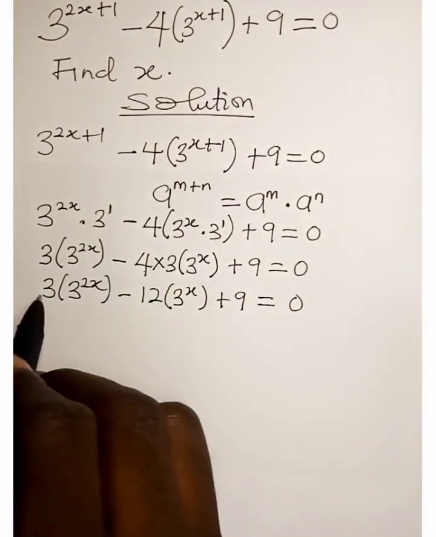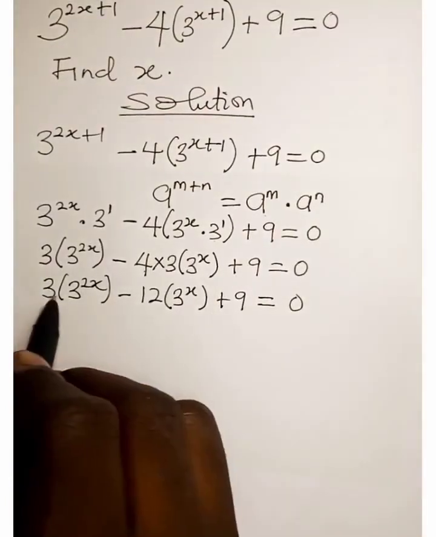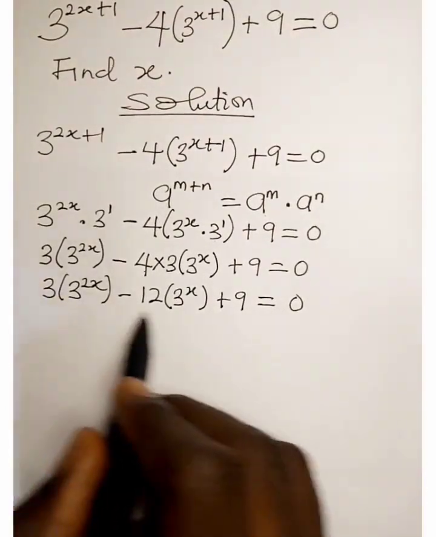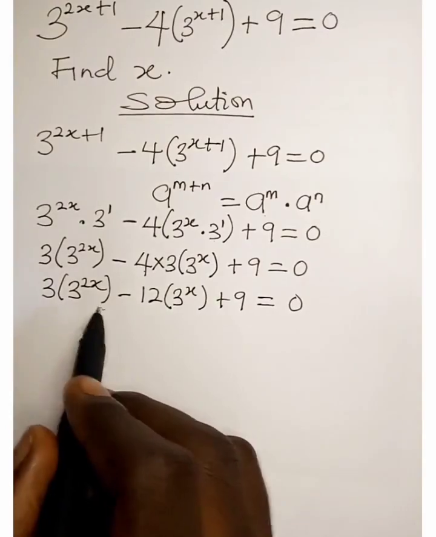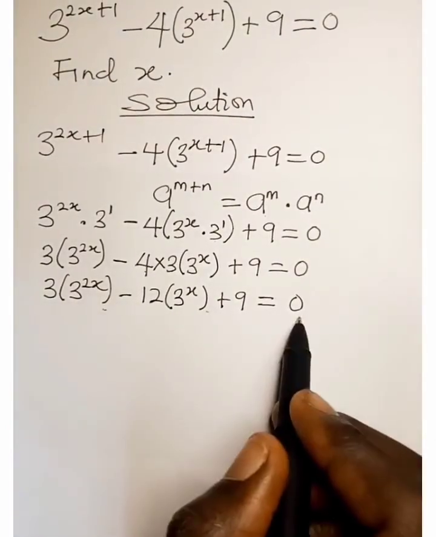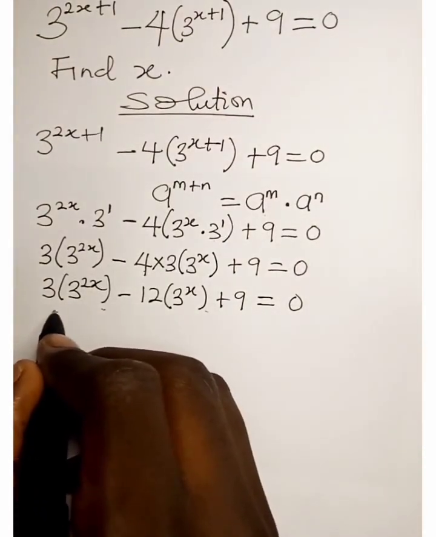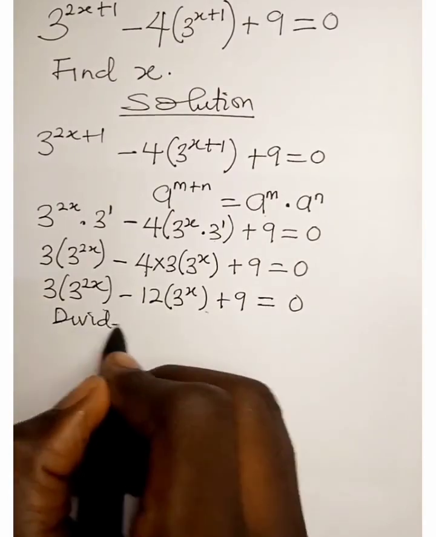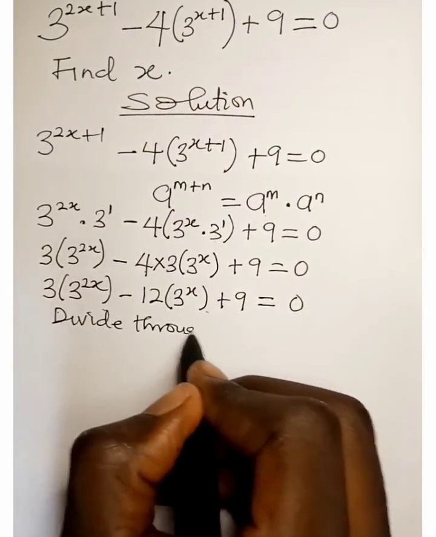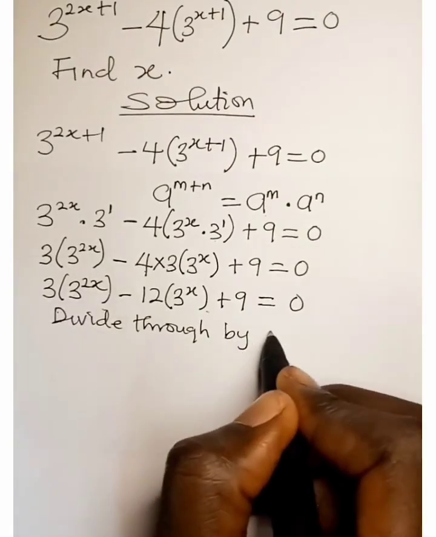Now if you look at this equation, we observe that something is common. 3 can divide here, 3 can divide here, and 3 can divide here. So we can reduce it by dividing through by 3.